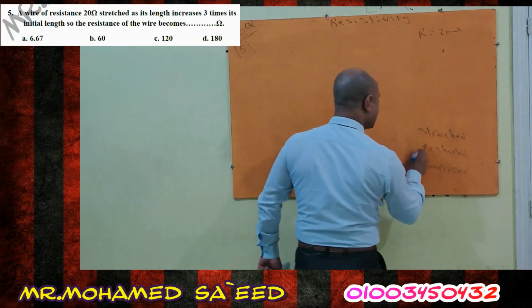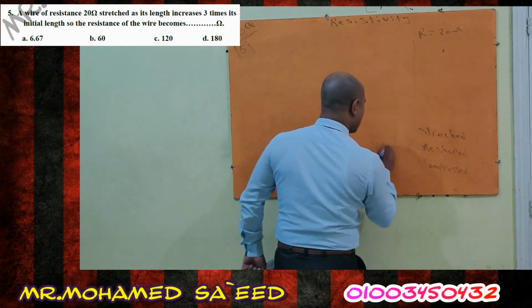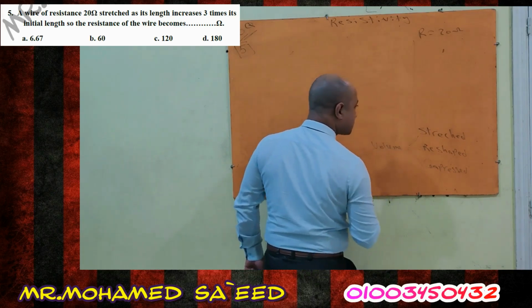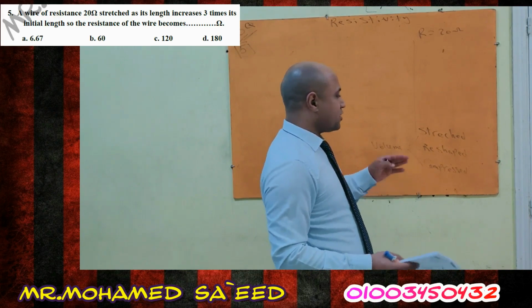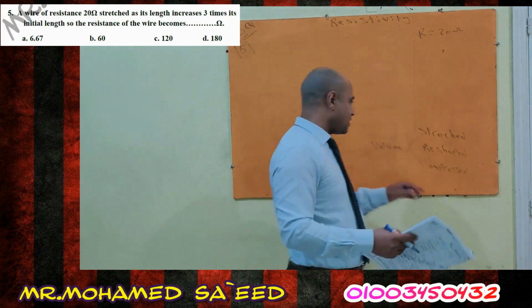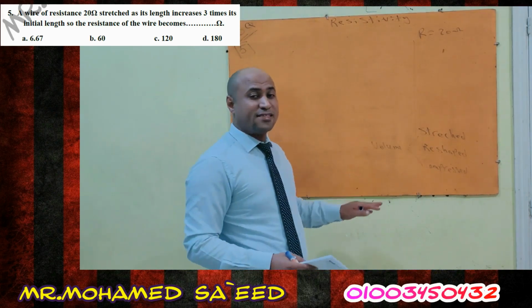All of this means that the volume of the wire remains constant. When it says the wire is stretched or reshaped or compressed, this means that the volume of this wire is constant.